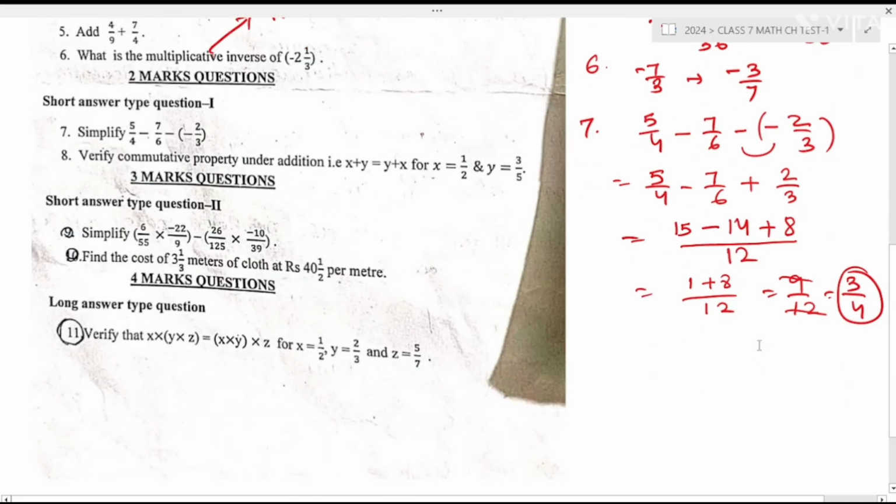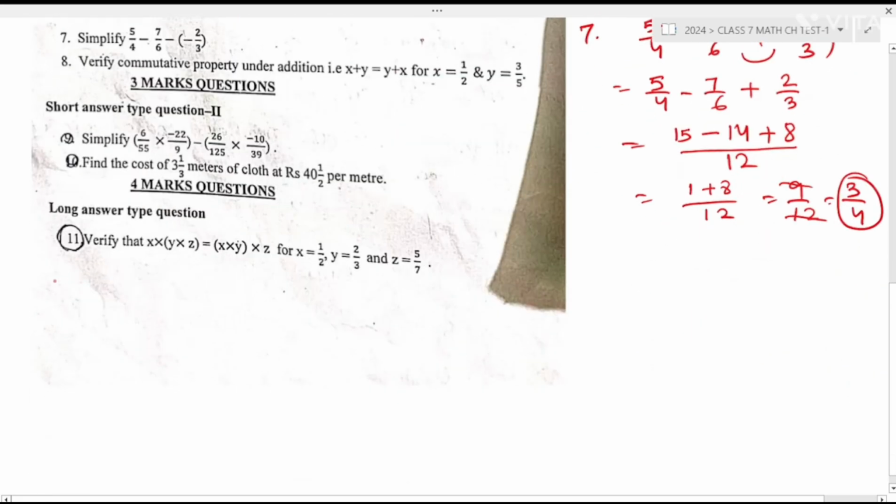Clear? Now next question, verify. Question number 8. First take LHS and here is RHS on the right side. So LHS is x plus y and RHS is y plus x. Put the value of x, that is 1 by 2, plus y is 3 by 5.